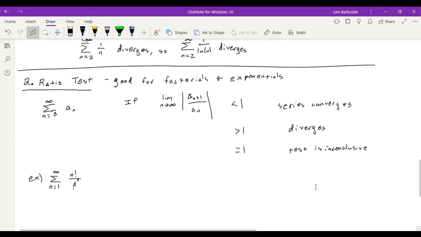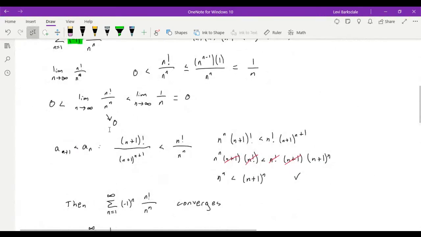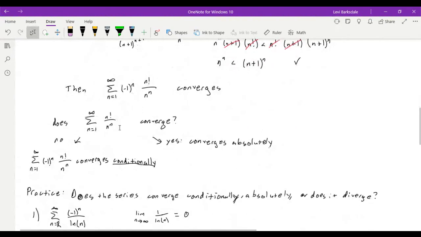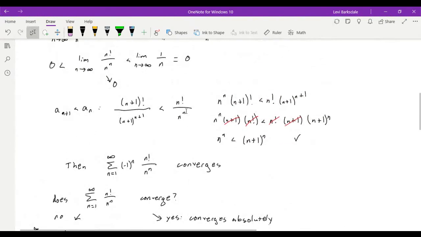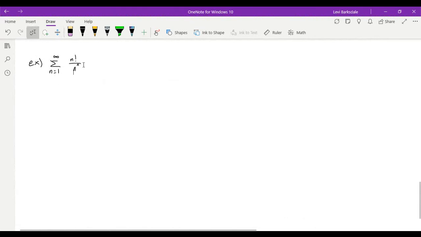And if you'll recall, previously we solved this simply using the alternating series test. But if we wanted to make sure that it was convergent conditionally or absolutely, then we would need to find the convergence of this series here. And this is actually a perfect instance to use the ratio test because we have a factorial and an exponential.